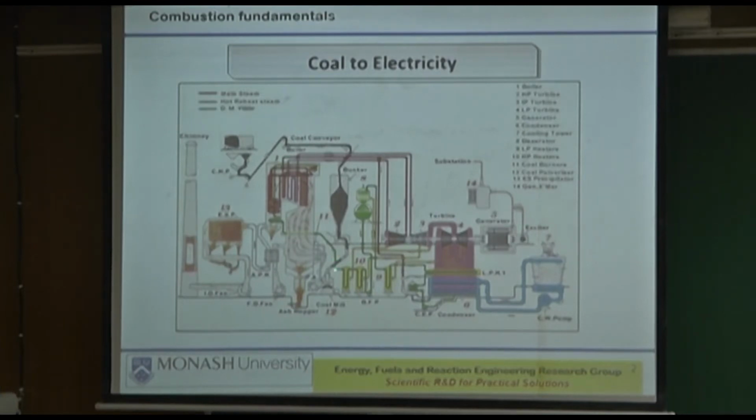And then the coal comes in, goes to the coal conveyor floor right at the top of the boiler building, and from there to the bunker, and then from there it goes through the mills at different levels of the main riser of the boiler.